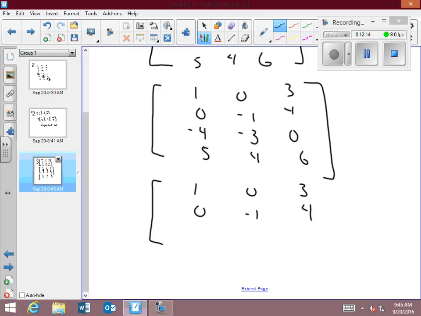So I'm multiplying by minus 4. So it's 12. I'm multiplying by minus 1. It's negative 15, so it's negative 9.